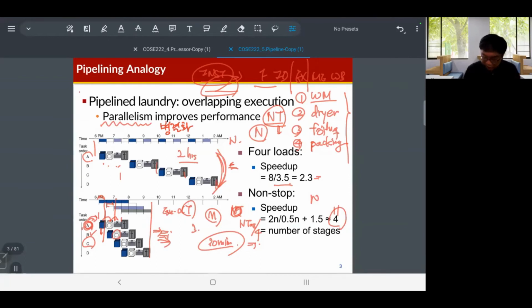If you see this sentence, it declares that with the pipelining, we can improve performance with parallelism. Okay. Then, what kind of parallelism?